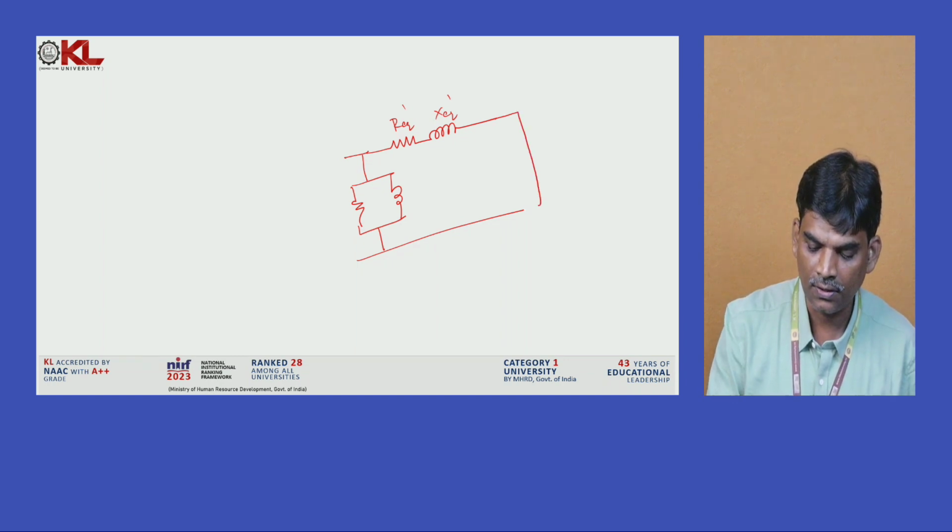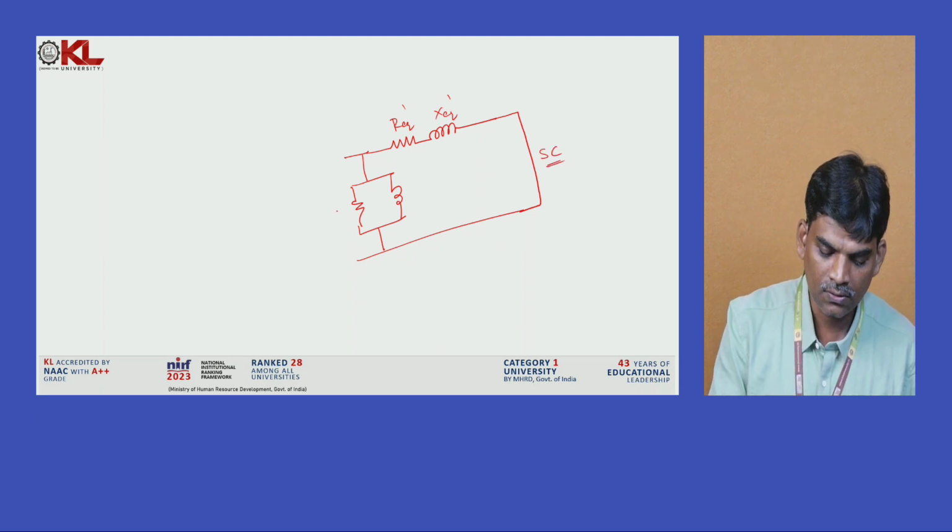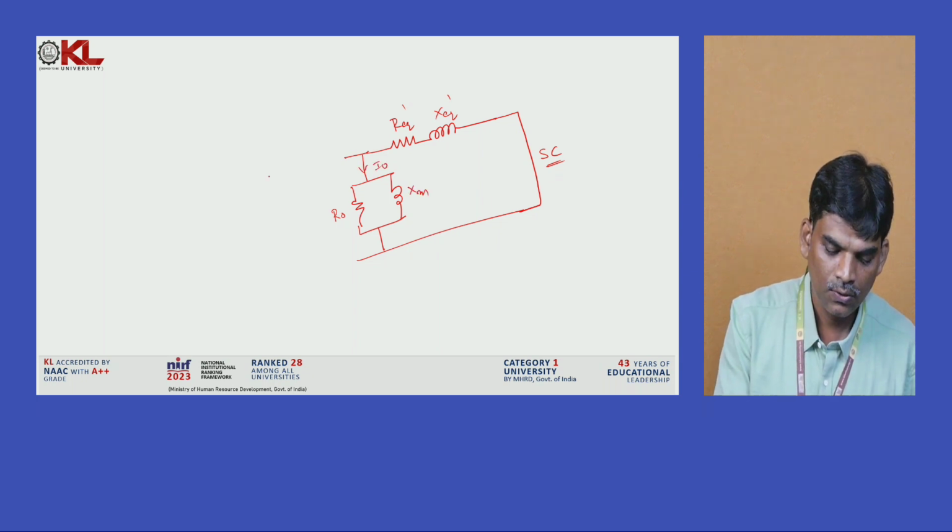This is R naught, this is XM, and this is I naught. Here we are providing the wattmeter also.